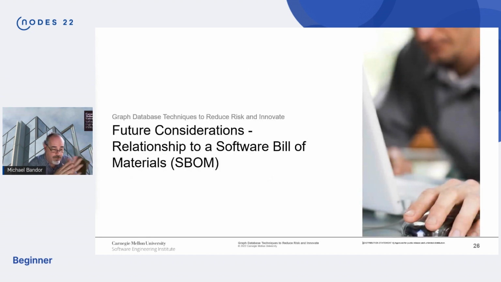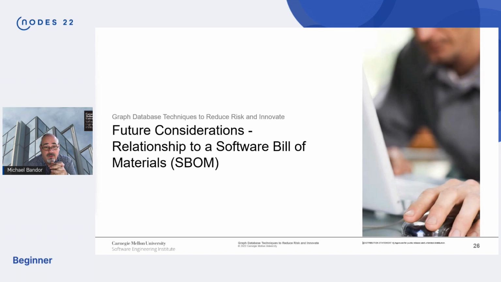So for those of you dabbling in software bill of materials, the data being tracked should sound familiar to you. I started looking at this when the executive order got signed last year by the president as part of the cybersecurity implementation, and they talk about using software bill of materials.